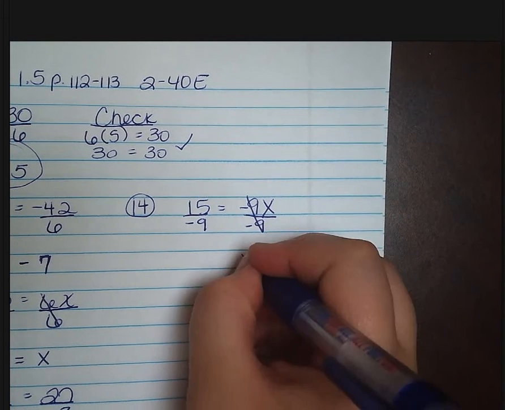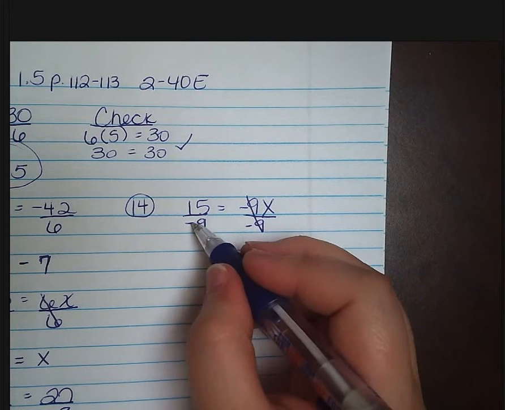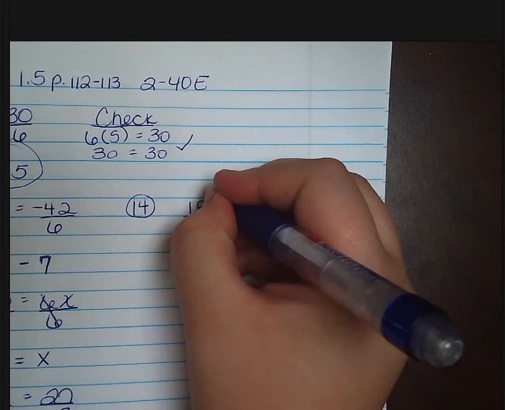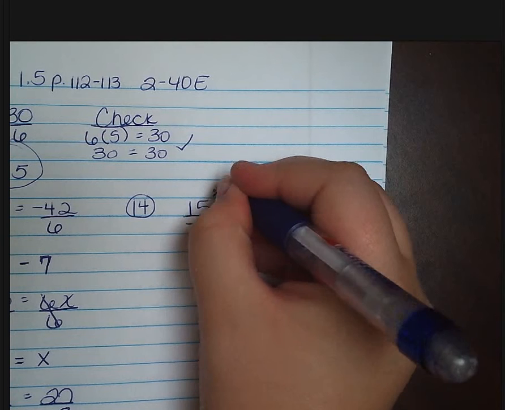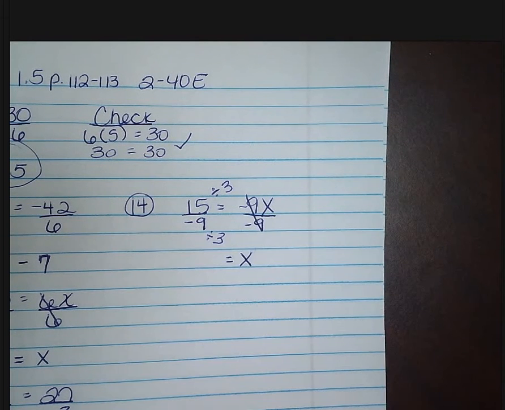So we're left with an x here, and we have 15 divided by -9. Well, we know that 9 does not divide into 15 evenly, so we're just going to have to simplify that fraction. So a number that goes into both 15 and 9 is 3. So I'm going to divide both of those numbers by 3.